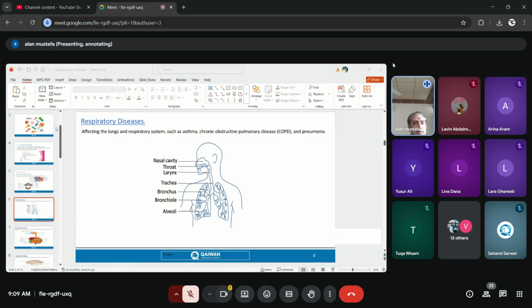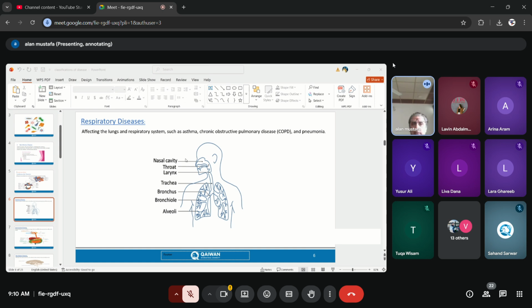And then the second system is the respiratory system. So we have a lot of respiratory diseases, especially nowadays, and especially in this season. We have many different types of diseases in this system.